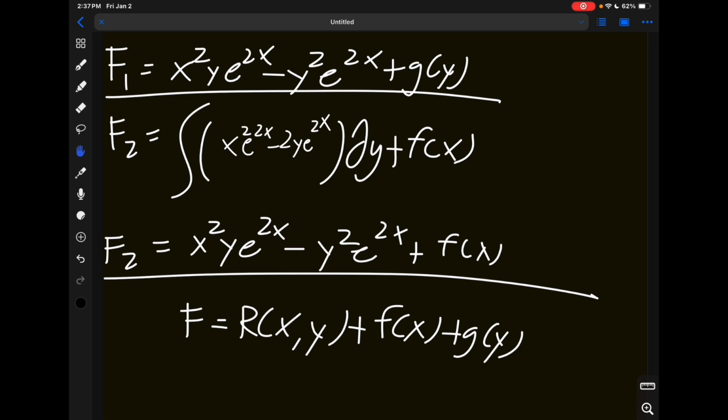If in f1 and f2 you did not notice the same terms in x and y, meaning they are not the same, there is something wrong with your solution.